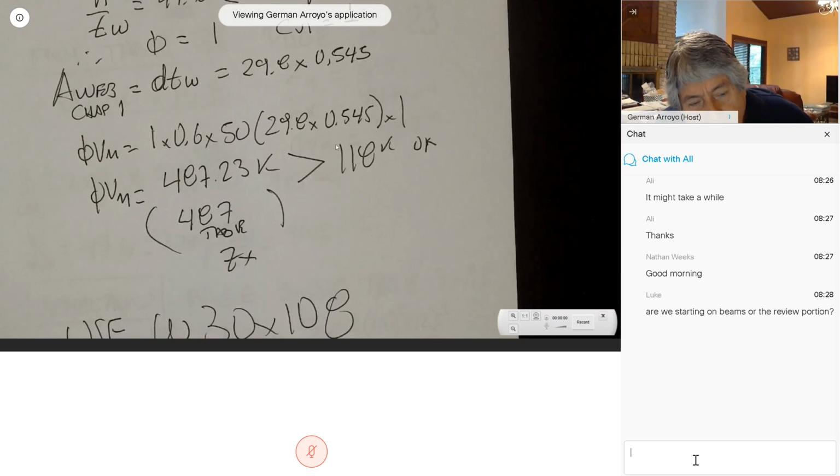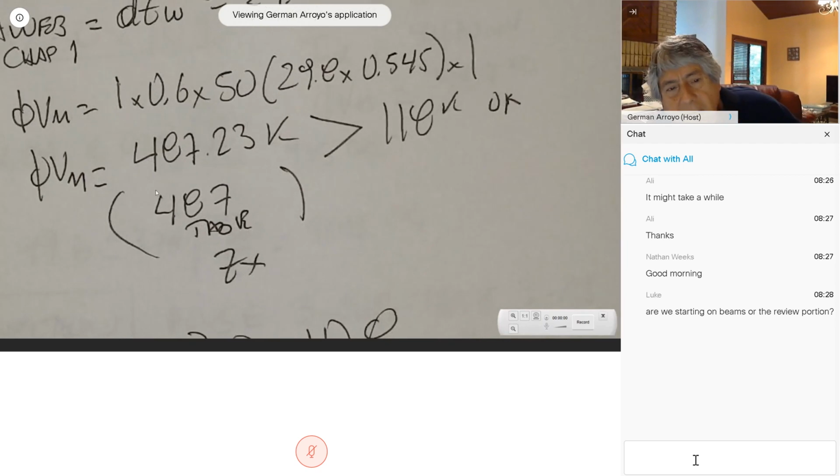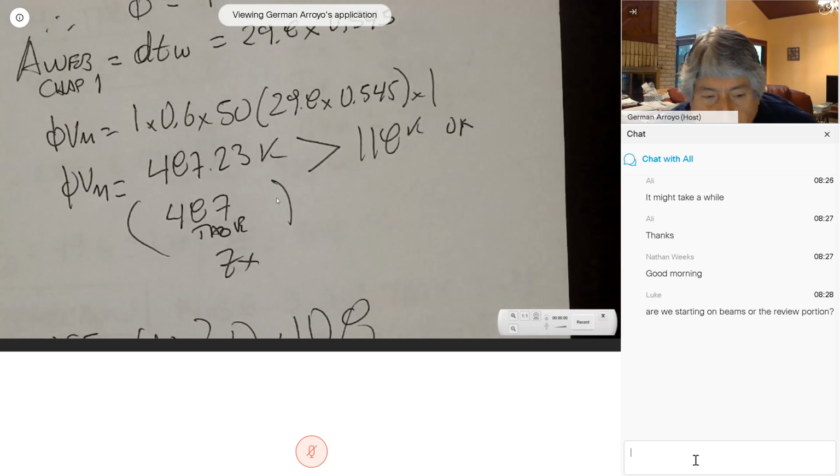And I also point out in here that in table ZX in chapter 3, on the right-hand side of the table, this value is given as 487, by computation 487.23. So this is also given in chapter 3 in the table. Any questions about it?